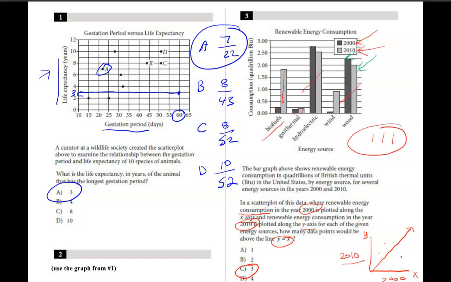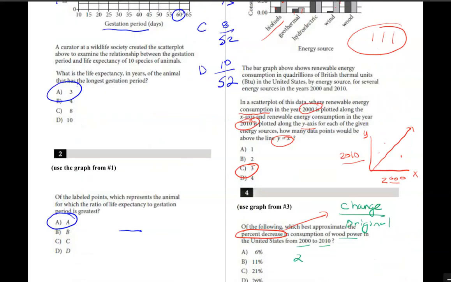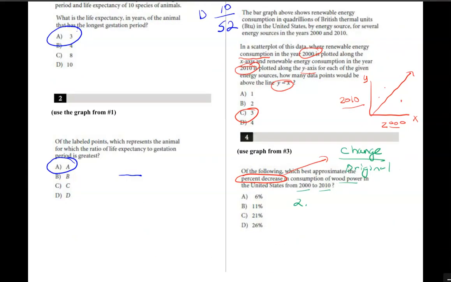And then 2010 is at 2. So we have 2.25, and then 2010 is at 2 even. So the amount of change is 0.25, so that's this top number. And then the original, what it was originally, was 2.25.